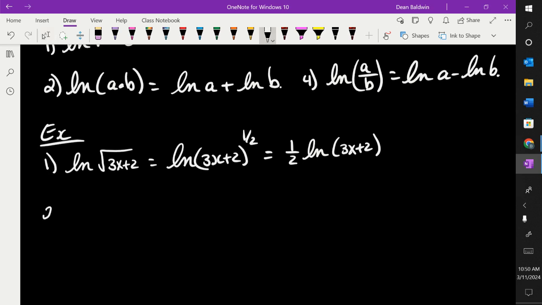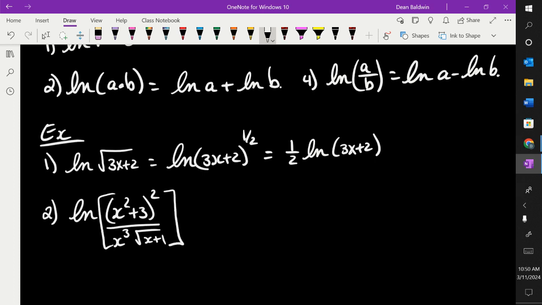If I have something like this, natural log of x squared plus 3 all squared over x cubed times the square root of x plus 1. I want to break this apart, because we're going to use logs to benefit us.